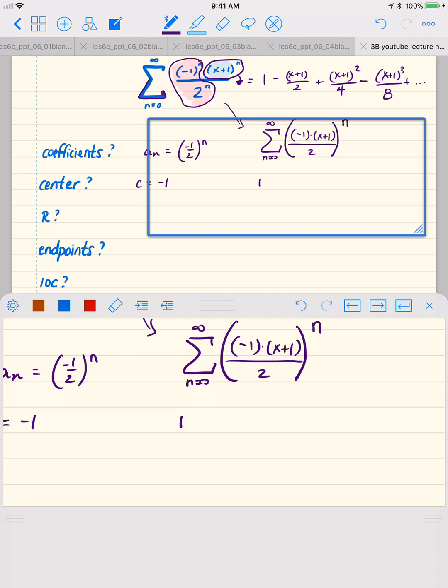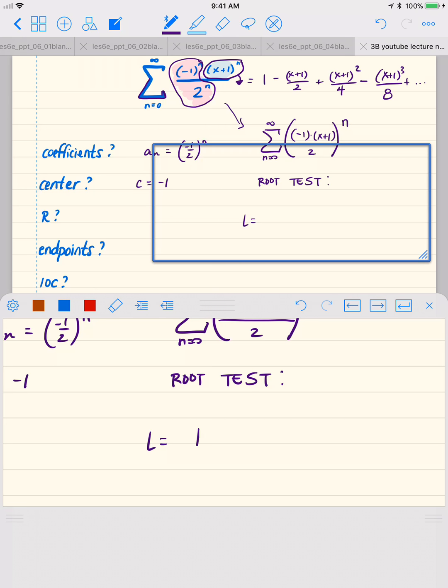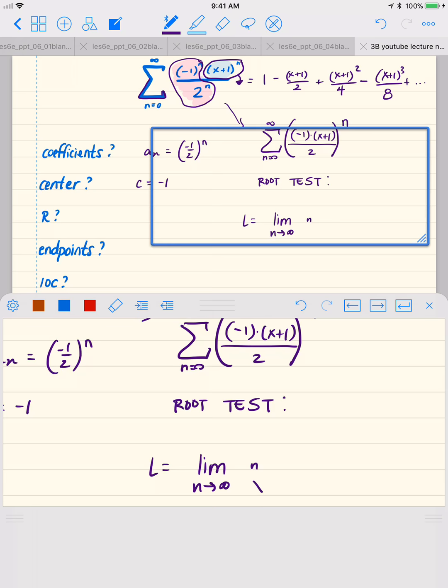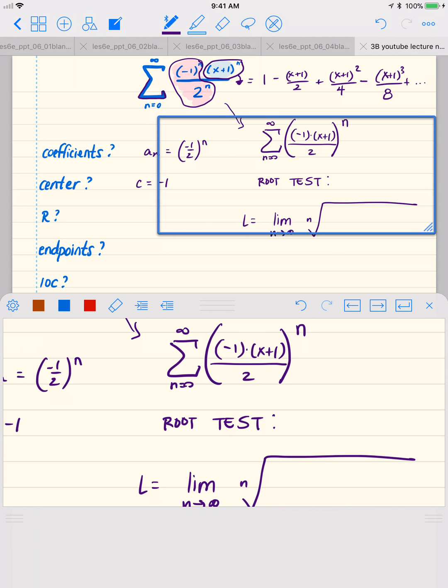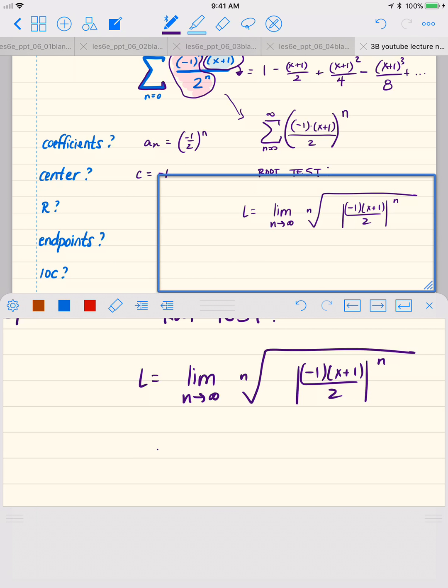Okay, so I can ask myself, when does this series converge? And to do that, let's just do the root test. So for the root test, I'm going to look at L, which is equal to the limit as n goes to infinity of the nth root of the absolute value of what's on the inside: negative 1 times x plus 1 over 2, absolute value, all of that to the nth power. The nth root of this fraction to the nth power is going to cancel out, right?